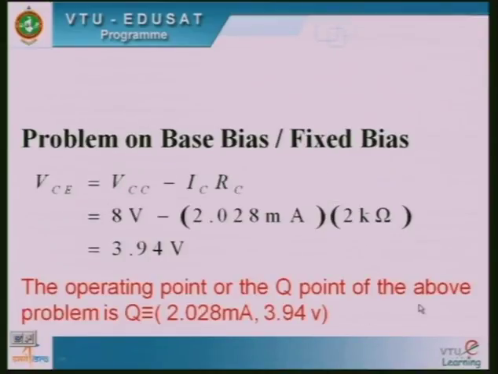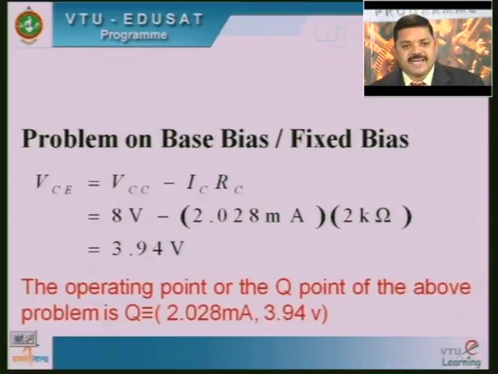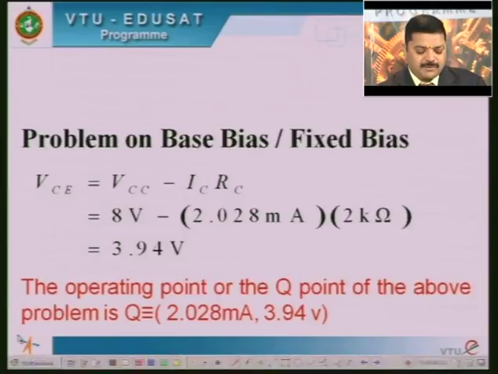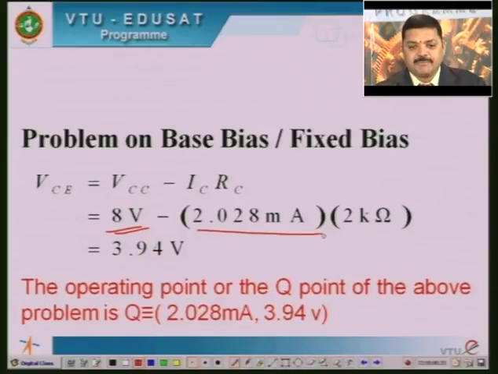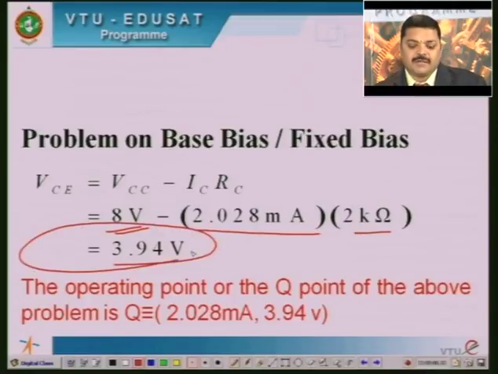Next, we need to find out VCE, which is given by VCE equal to VCC minus IC RC. VCC we know is 8 volts. So it is 8 volts minus IC, 2.028 milliamps, multiplied by 2 kilo ohms. We get VCE equal to 3.94 volts.